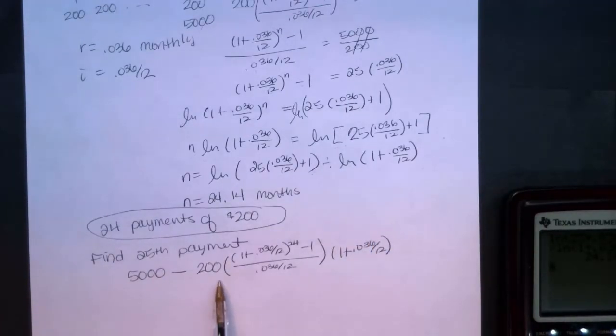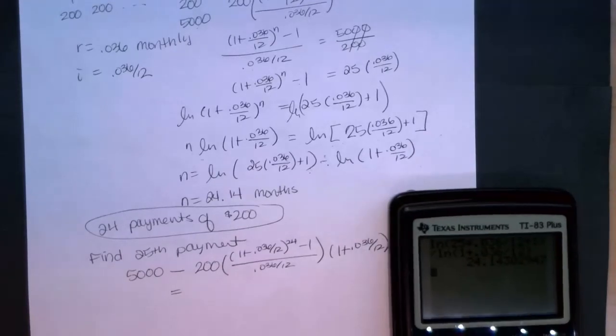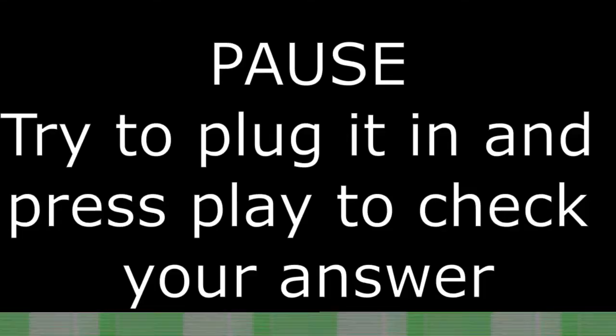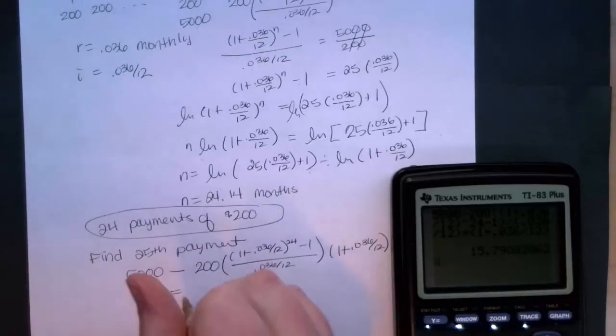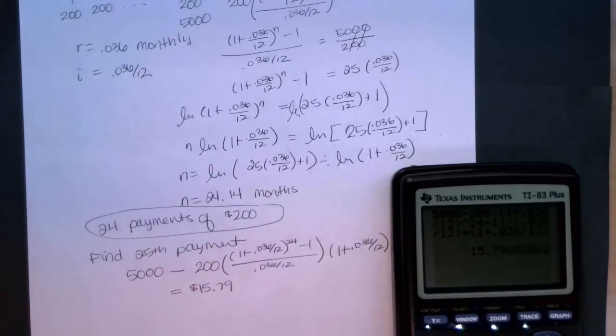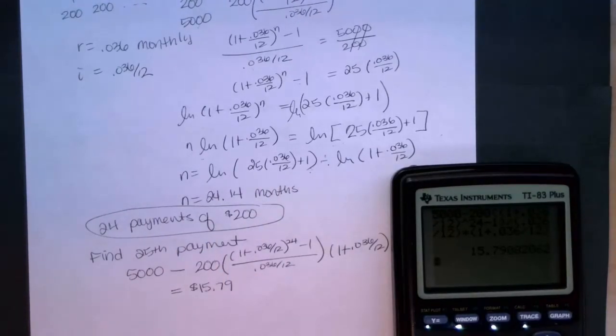Okay, so again, this is just the first 24 payments, and this is move forward 1 month. So it should be less than 200 if it's not something went wrong. Entering this on our calculator, $15.79 would be our last payment.